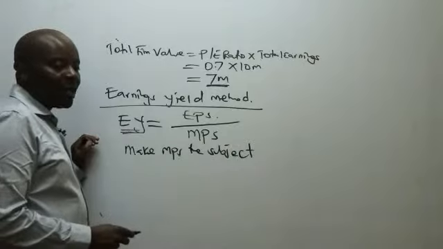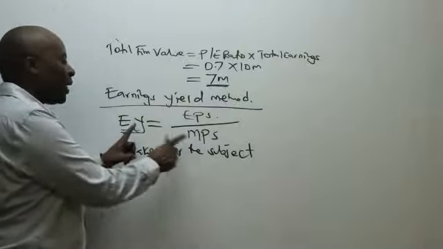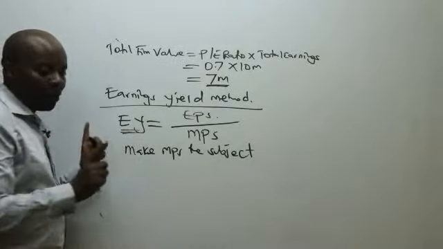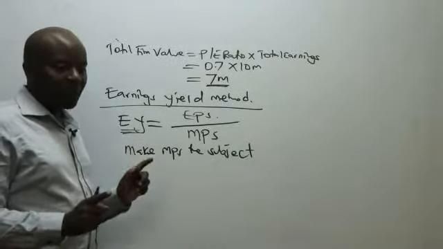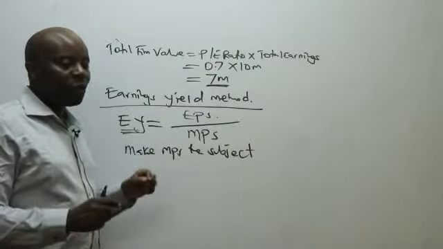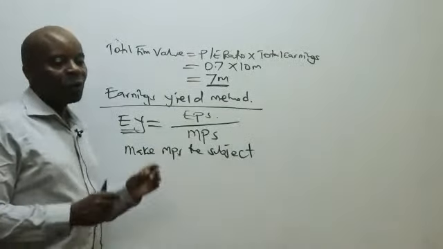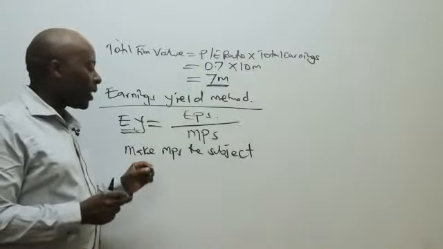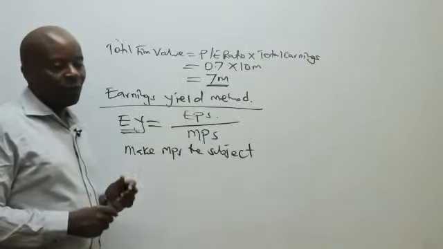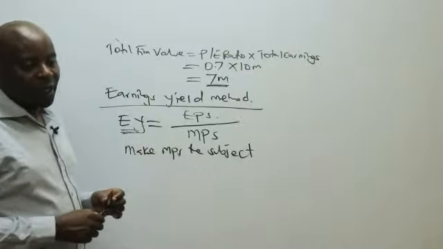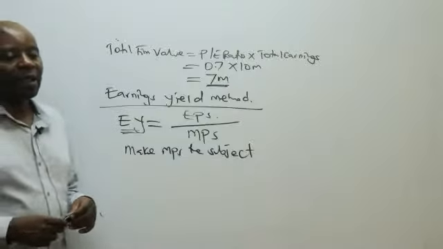If I try making MPS the subject of the formula and I cross multiply, I should keep quiet a little bit and see whether you will be able to do proper cross multiplication to make MPS the subject of the formula. I would want to hear what you're getting there as the MPS.